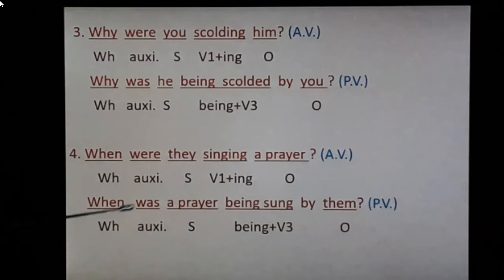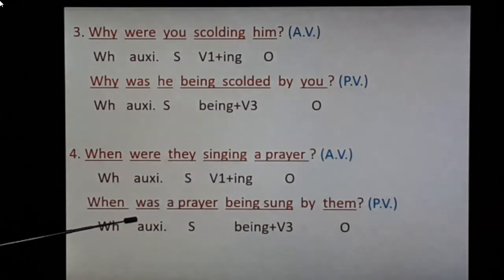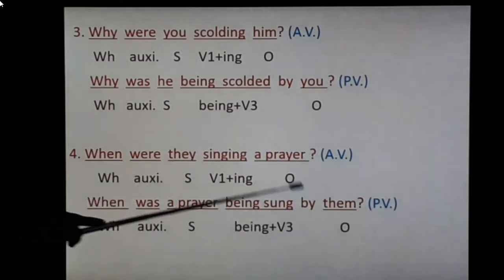After that, according to this object, it becomes the subject in passive. So according to this, a prayer, you have to put the appropriate auxiliary verb. When was a prayer, then being, sing, that is the V1 form. So what is the V3 form of sing? Sung. So when was a prayer being sung by them? Then put a question mark. This is passive voice.